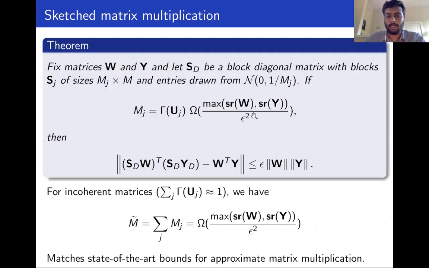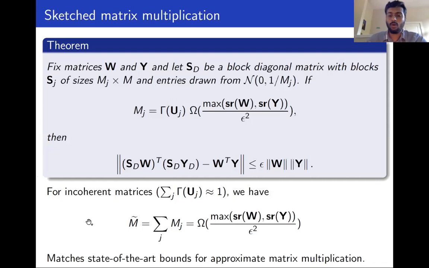The size of the block needs to be proportional to the stable rank over epsilon squared, where epsilon is the tolerance, multiplied by this gamma parameter itself. So for example, if some block has a high importance parameter, then we are going to draw more random projections from that block. And if we design this block diagonal matrix in such a way, then we are able to achieve this epsilon norm guarantee that we wanted.